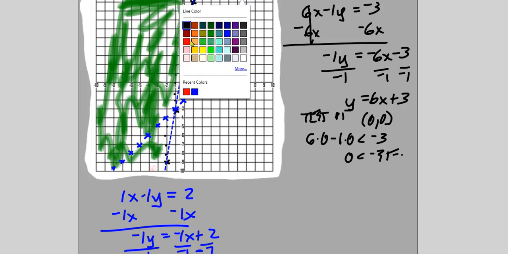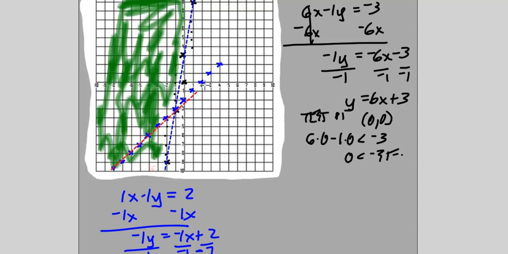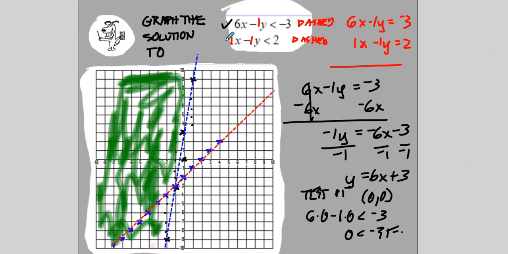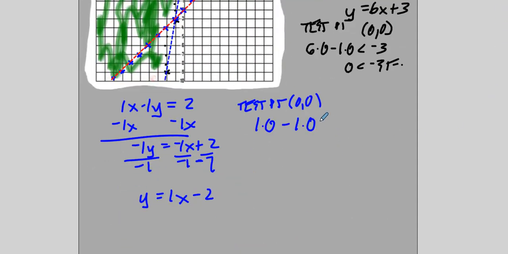Let's do a different color. Okay. Again, 0, 0, the test point right there is not on the line, so we can use that as our test point. Plug it into the original inequality right here. 1 times 0 minus 1 times 0 less than 2. 0 less than 2 is true.